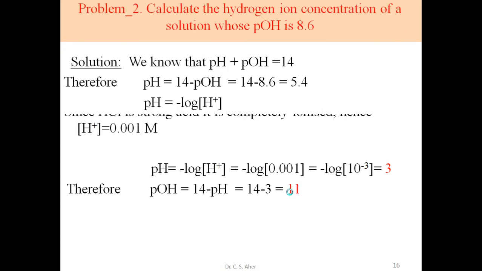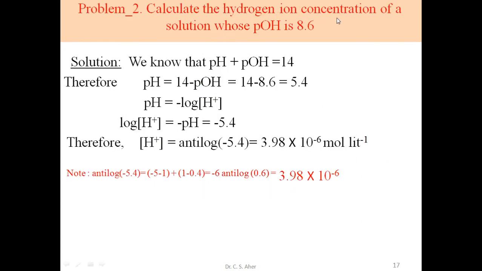Next problem: calculate the hydrogen ion concentration of a solution whose pOH is given as 8.6. So the hydrogen ion concentration is to be found. We know that pH plus pOH is equal to 14. The pOH value is given, so pH is equal to 14 minus pOH, 14 minus 8.6, that is 5.4.